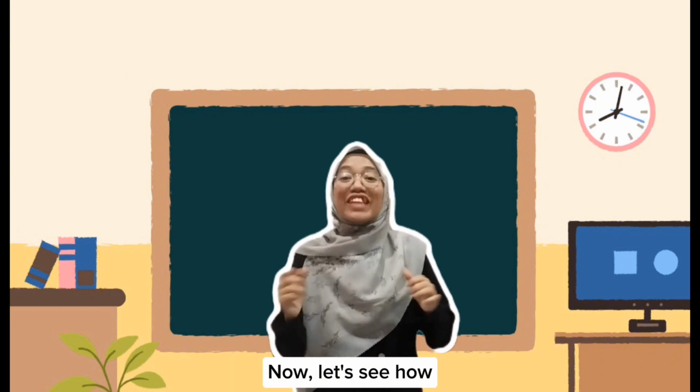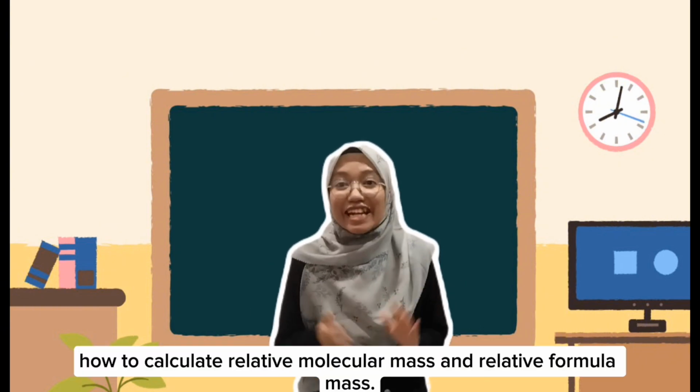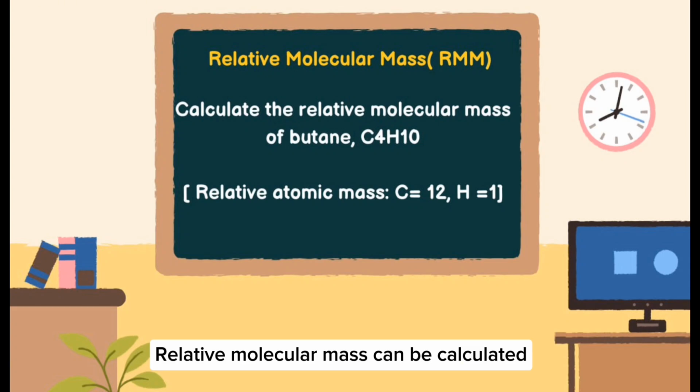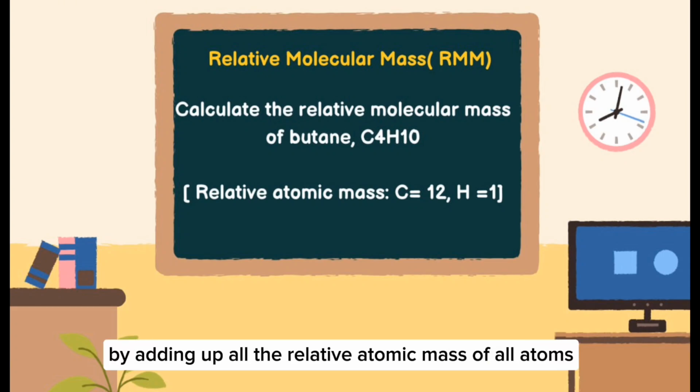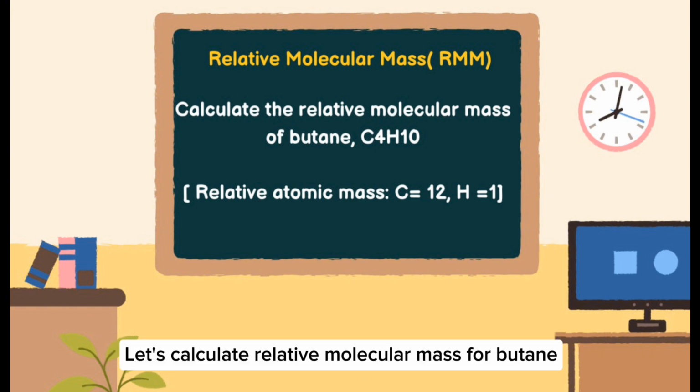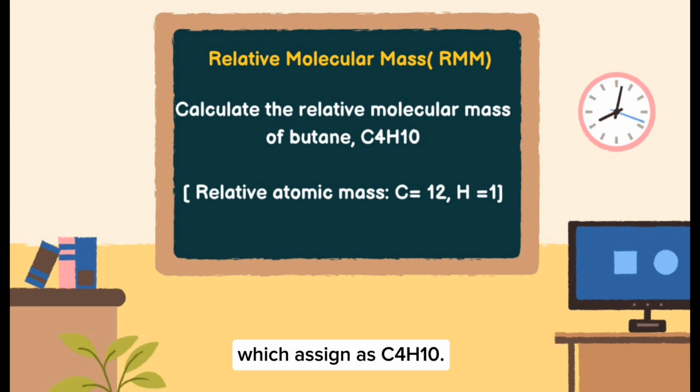Yay! Good job! Now, let's see how to calculate relative molecular mass and relative formula mass. Relative molecular mass can be calculated by adding up the relative atomic mass of all atoms in the molecule. Let's calculate the relative molecular mass for butane, which is C4H10.